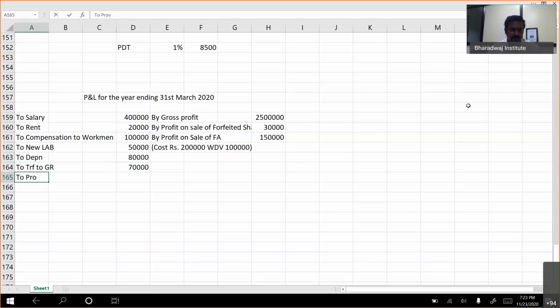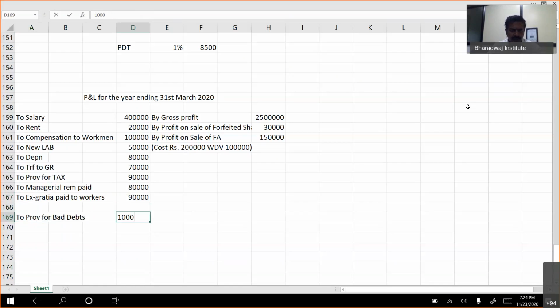Provision for tax 90,000. To managerial remuneration, already paid 80,000. To ex gratia paid to workers 90,000. To provision for bad debts 1 lakh.